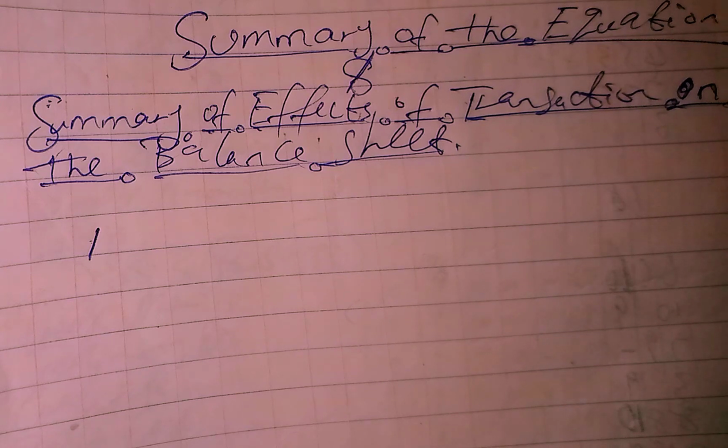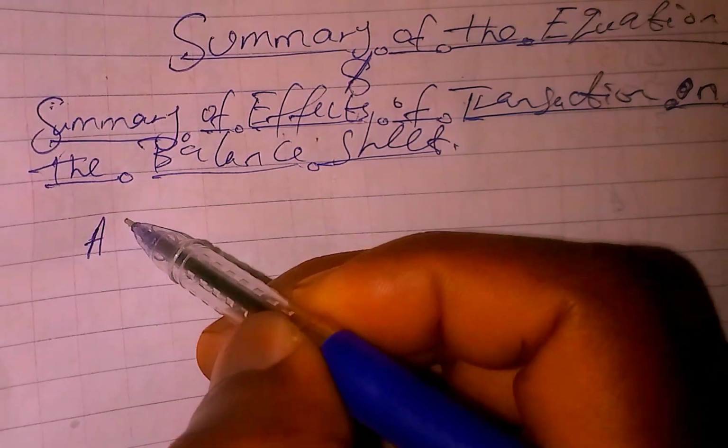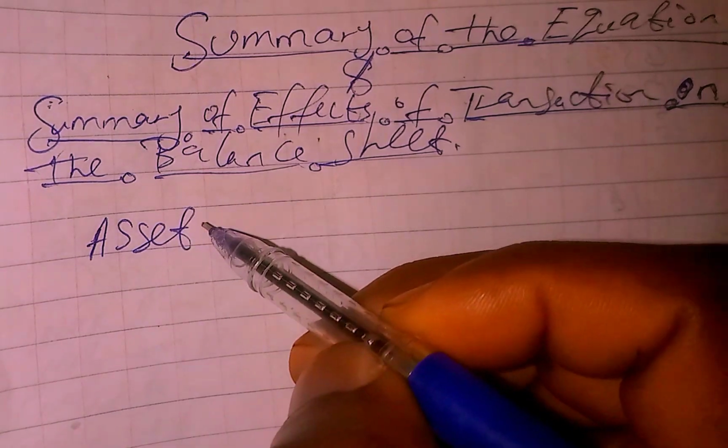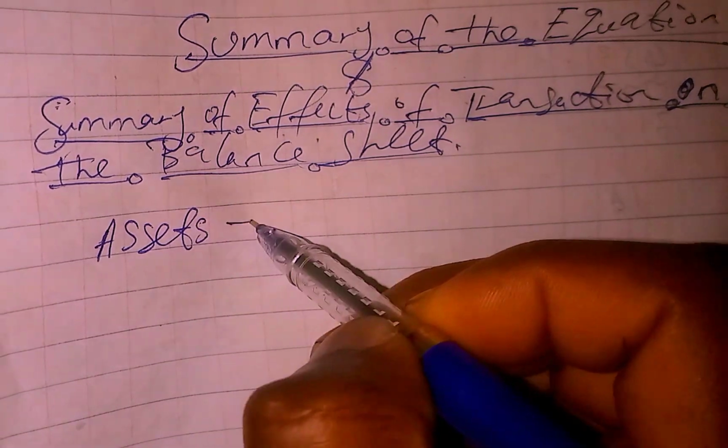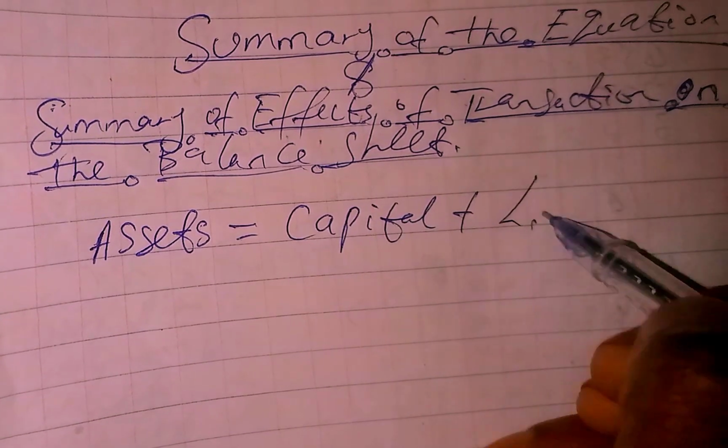Now, starting with the summary of the equation, you recall very well that we say that assets is equal to capital plus liabilities.